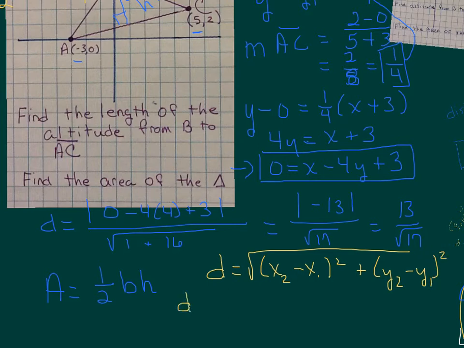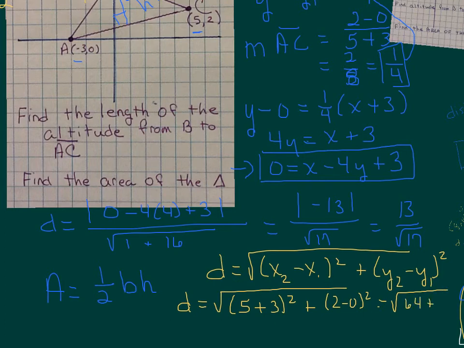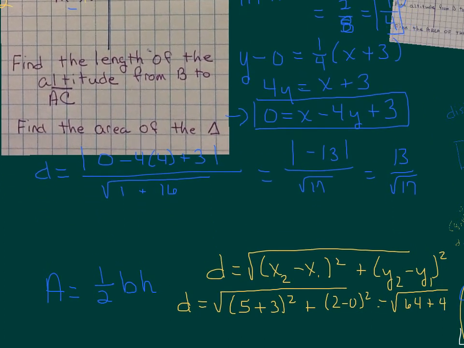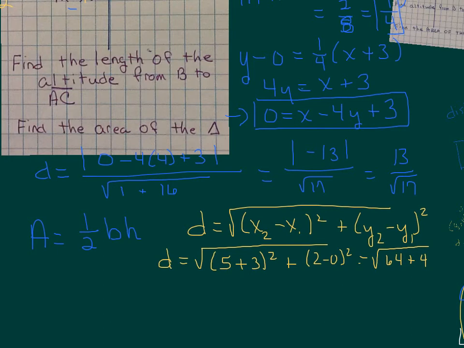So the distance here is the square root of 5 minus a negative 3 squared plus 2 minus 0 squared, which is equal to the square root of 8 squared plus 2 squared, or the square root of 68.